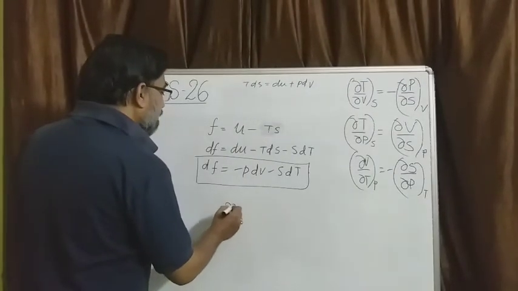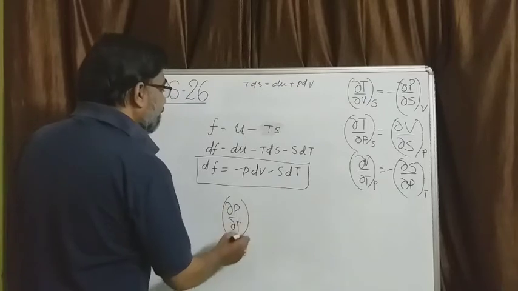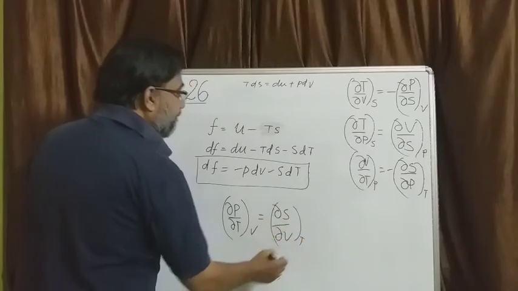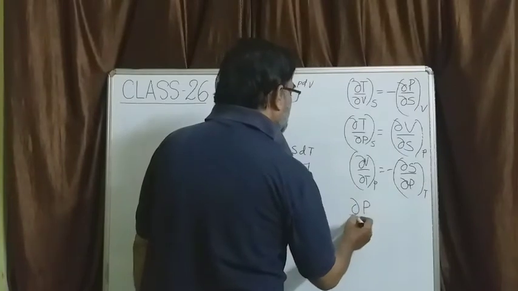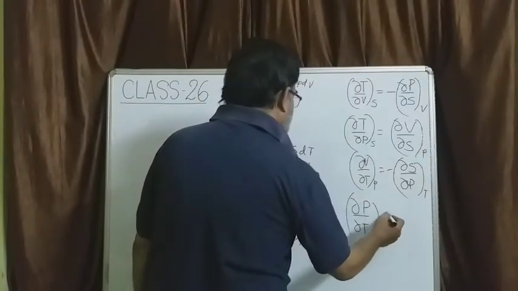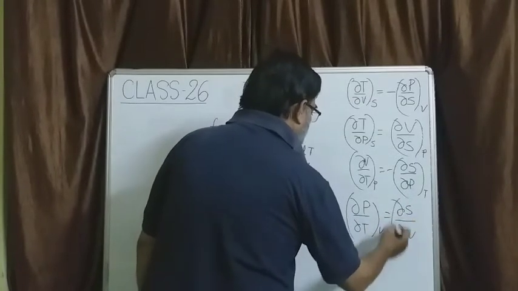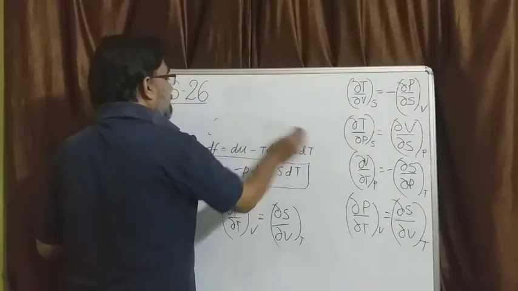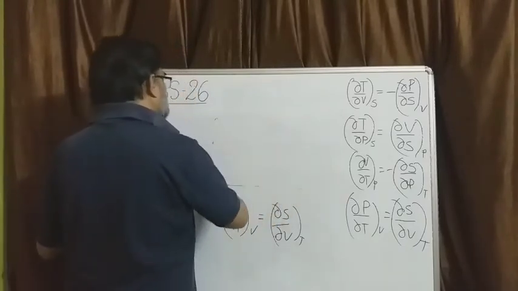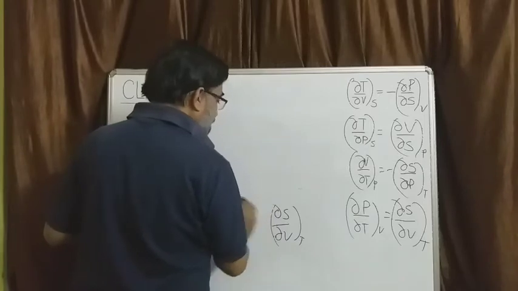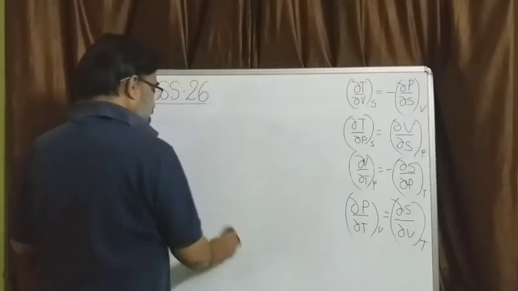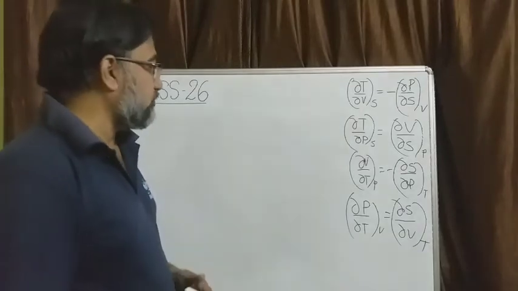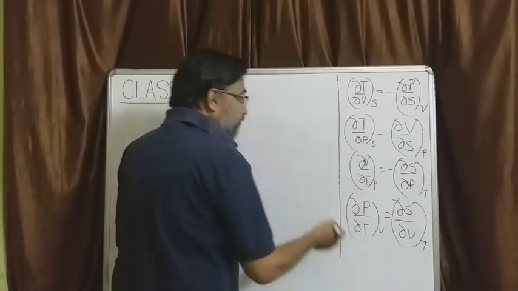So I have del P del T at constant V is equal to del S del V at constant T. Alright, so from the four expressions we are able to derive four more expressions using the definition of enthalpy, the first law statement, the Gibbs function and the Helmholtz function, and we got this set of differential equations.